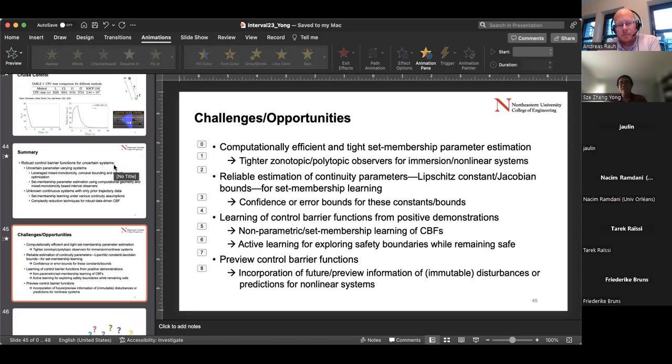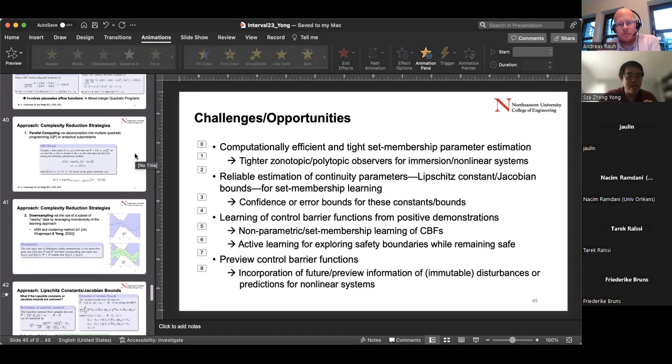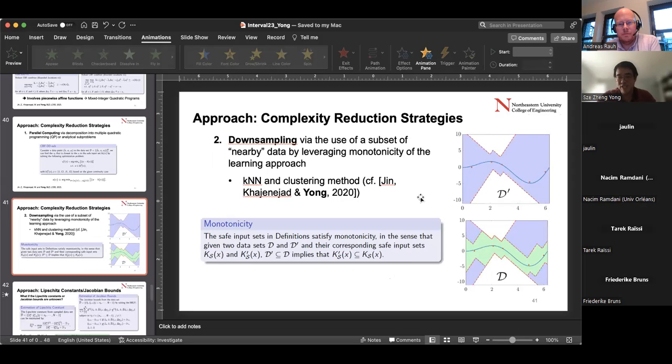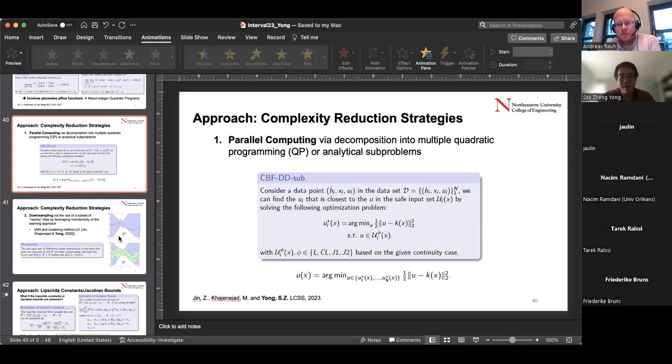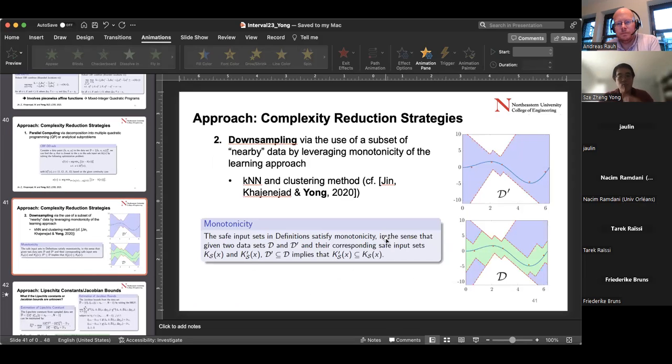So that's why we propose these complexity reduction strategies, specifically using downsampling or solving it using parallel computing. Especially a downsampling method will overcome the problem with scalability with respect to the number of data points.